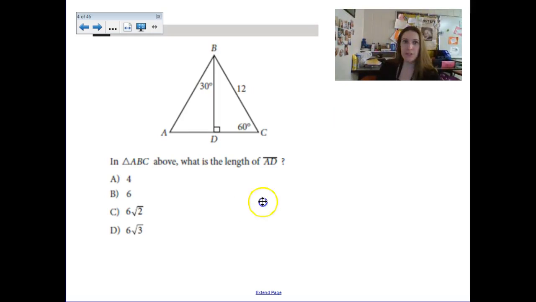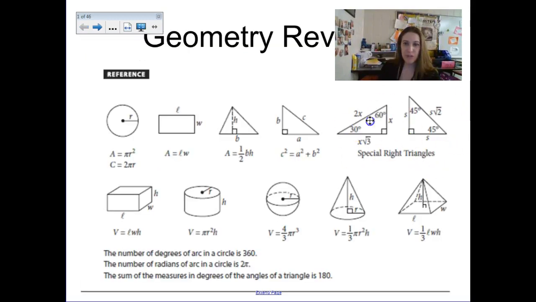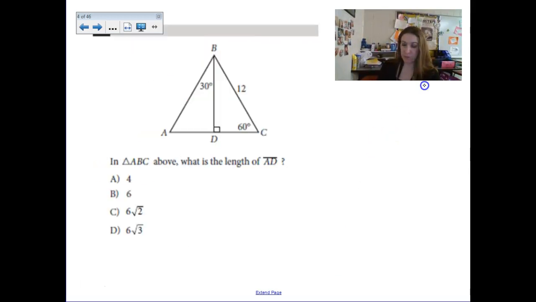Oh man, good news. All right, on their formula sheet, you had some 30, 60, 90 formulas right here, and 45, 45, 90 as well. So re-familiarize yourself with those formulas. Remember, I'm trying to get under 5 minutes, so let's see what I can get through here. I do have a couple of 30, 60, 90s. In fact, I have an equilateral triangle that's split.